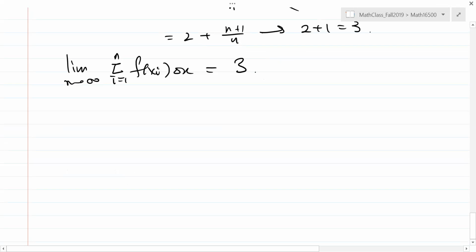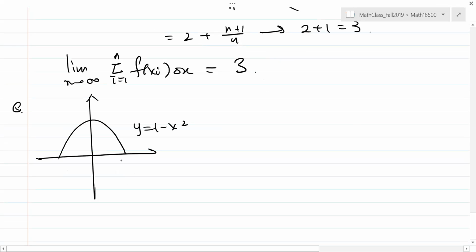But we can't always evaluate the limit. I'm very curious about the parabola. This is a parabola, y equals 1 minus x squared. I'm really curious about the area of this region.